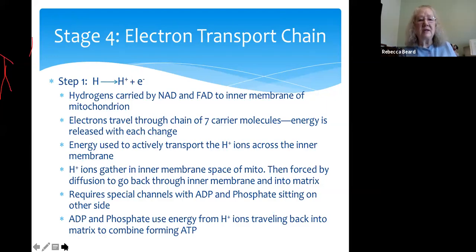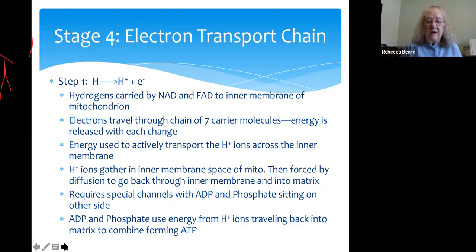And they're going to bring those hydrogens into the inner membrane of the mitochondria, and they're going to let them go. So all of these reactions that we've been going through have been for the purpose of getting these hydrogen molecules isolated so that they could be brought to the inner chambers of the mitochondria.